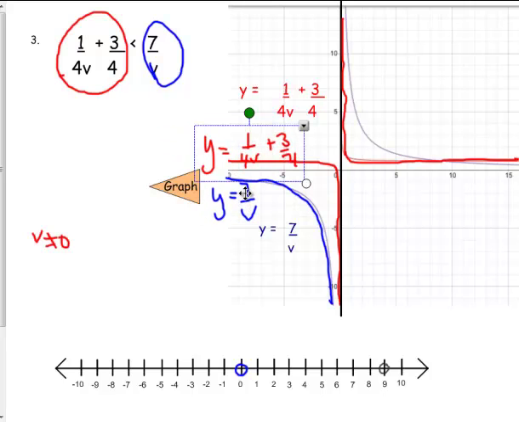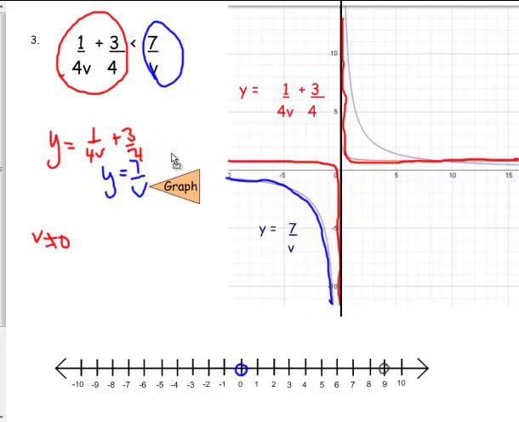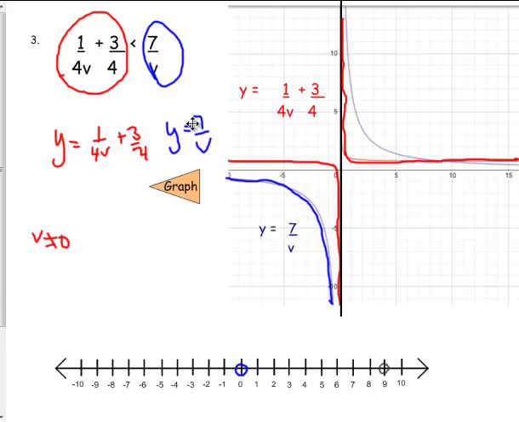No, my red graph is above my blue graph. Oops, put that back. How about over here? Is my red graph below my blue graph over here? Yep, right here it is. My red graph is definitely below my blue graph right there.